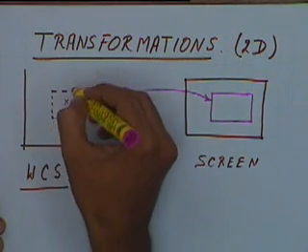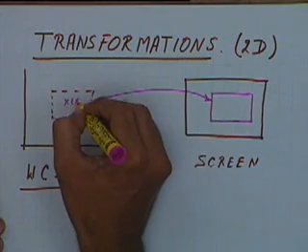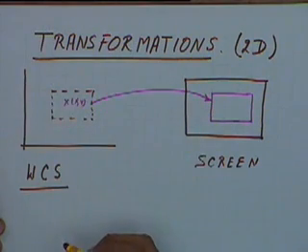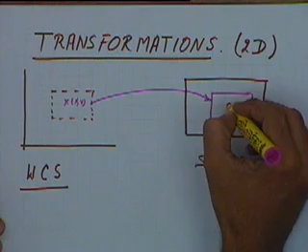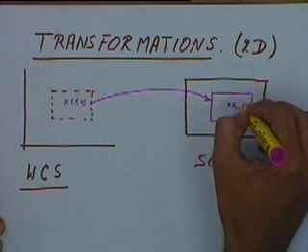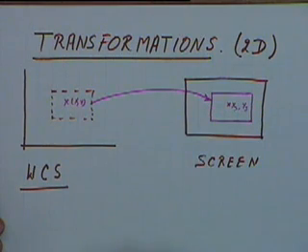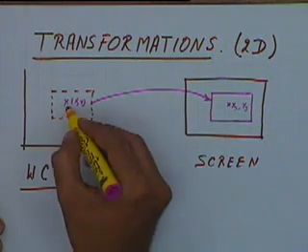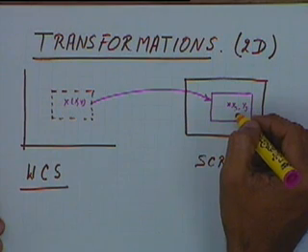If you have any point here, let us say a point x, y, that will be transformed onto a point here, let us say xs, ys.